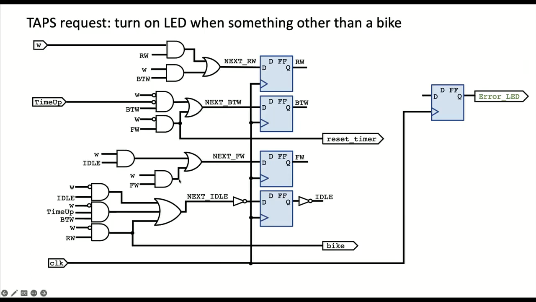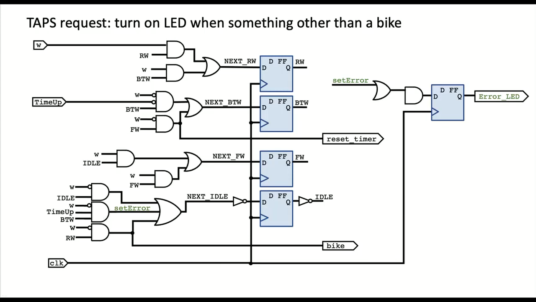Right? And so that's, let's see, one of these. So we are in between wheel. No, it's one of the arcs going into idle. So it's this one here, this gate here. When we don't have a wheel, time is up, and we are in between wheel. So I'm going to give that a name. I'm going to call that set error.